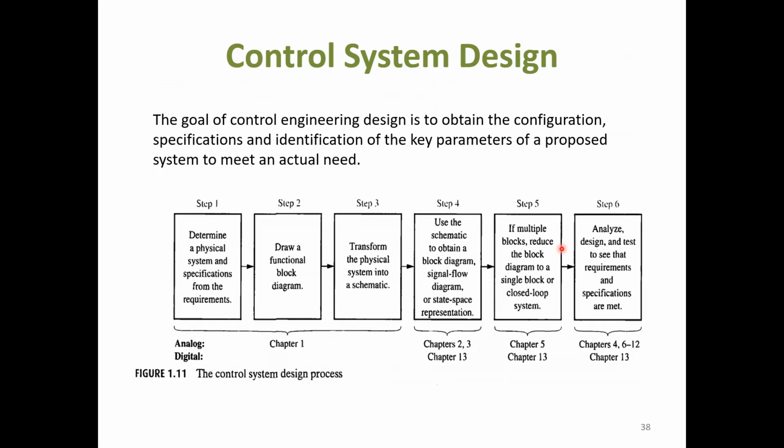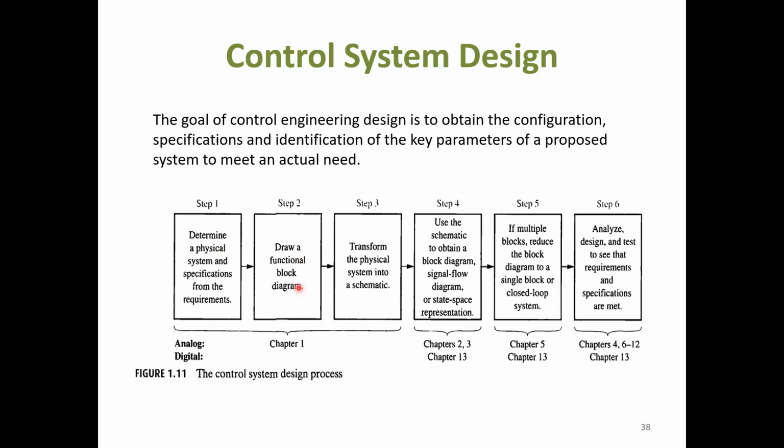To design the control system, you need to have some goals. The goal of control engineering design is to obtain the configurations, specifications, and identifications of the key parameters of the proposed system to meet an actual need. See, step one, determine a physical system and specifications from the requirements.